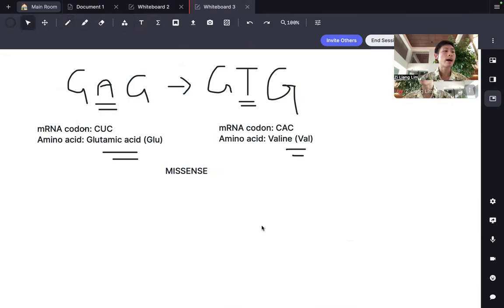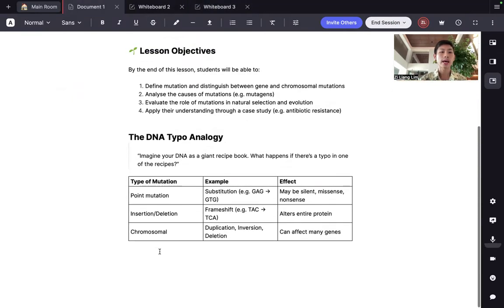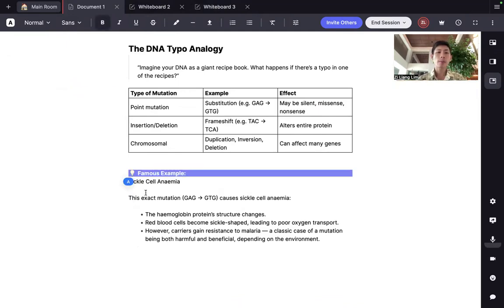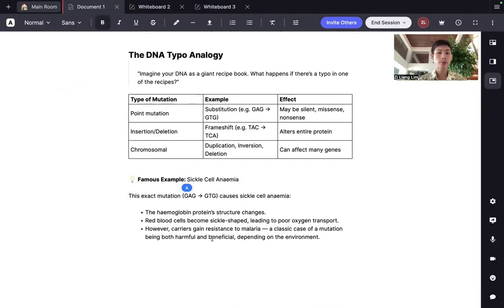All right. Now, let's go back to the document because then we can look at it as a famous example. Okay, so you've probably heard about this. Have you heard about sickle cell anemia before? Okay, so you have been to Africa on a family trip. Perfect. Sickle cell anemia is a very big problem in Africa.